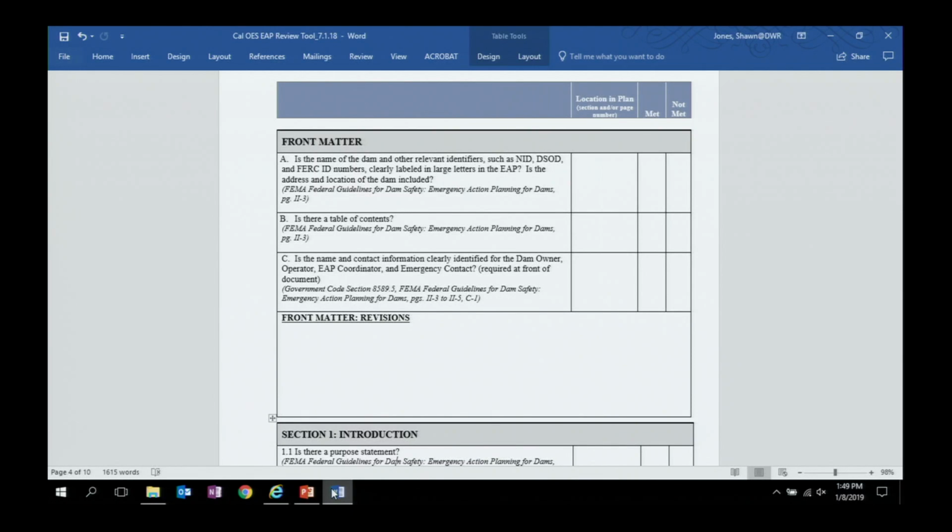We've had quite a few of them come through, and the table of contents may be in there, but it may be in the middle of the plan. We understand this is your plan. You create your plan as you want. We just want to make sure that you meet all those elements that are required. But we do encourage you to put your table of contents in the front of the plan.